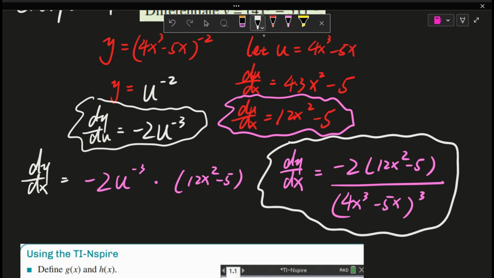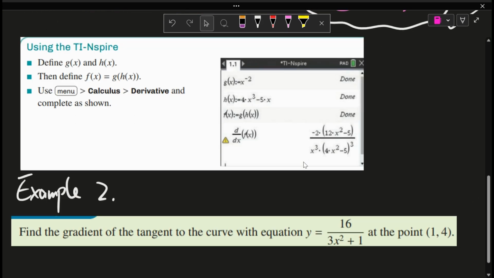So, yeah, let's see. Now we keep going with the CAS calculator. I will do the CAS calculator during the class as well.